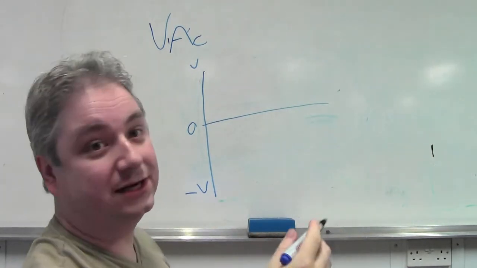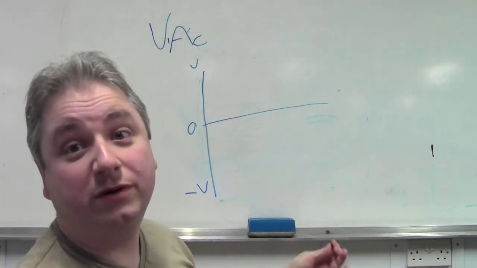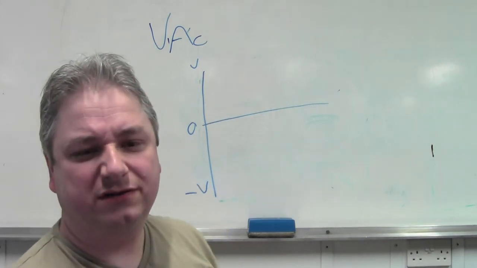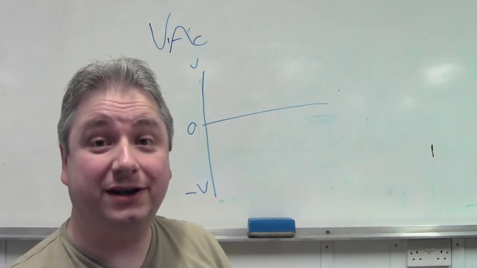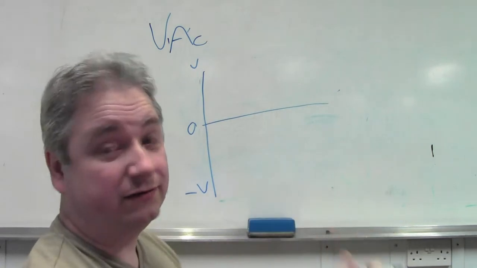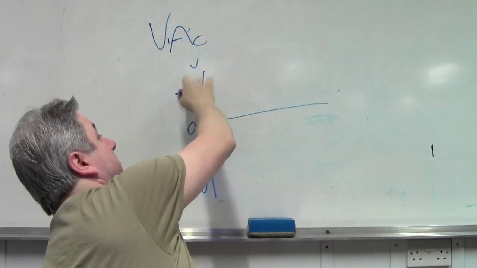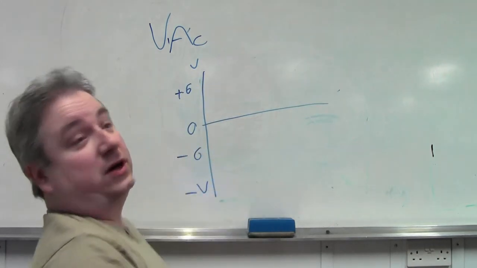Let's say 12 volts this time. 12 volts AC can be represented in lots of different ways, in amplitude and peak to peak and in RMS, and we'll go through that now. But just say it's an alternating voltage that alternates between two values, say plus 6 and minus 6.